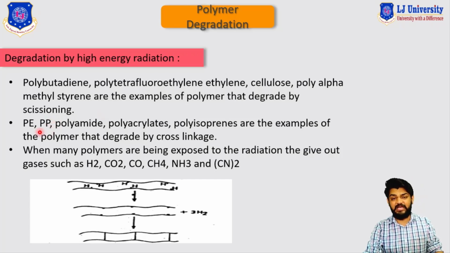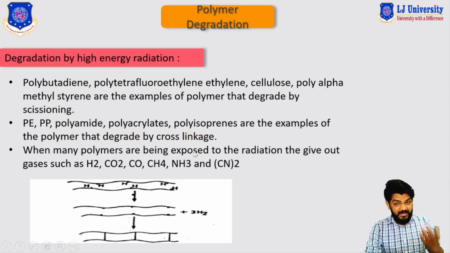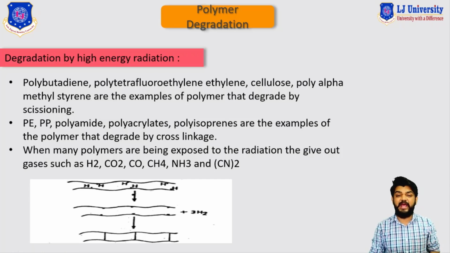Then polyethylene, polypropylene, polyamide, and even polyacrylamides are some of the examples that can be degraded by means of cross linkage through the application of high energy radiation.